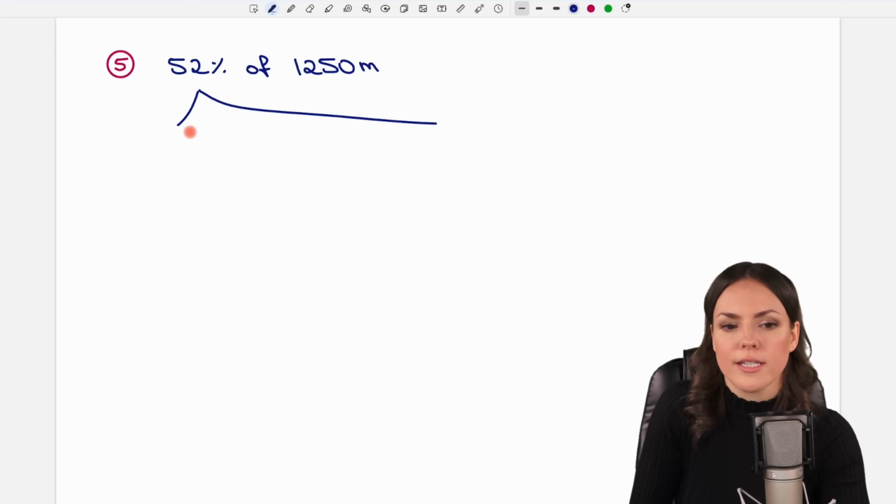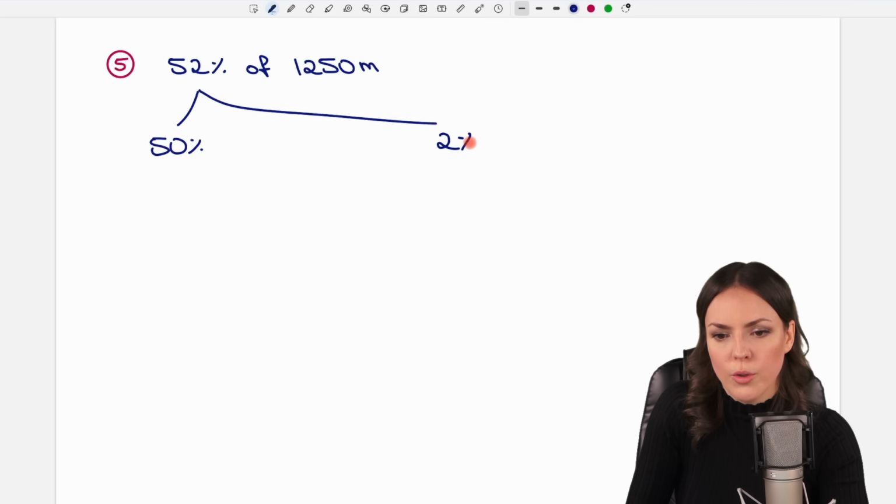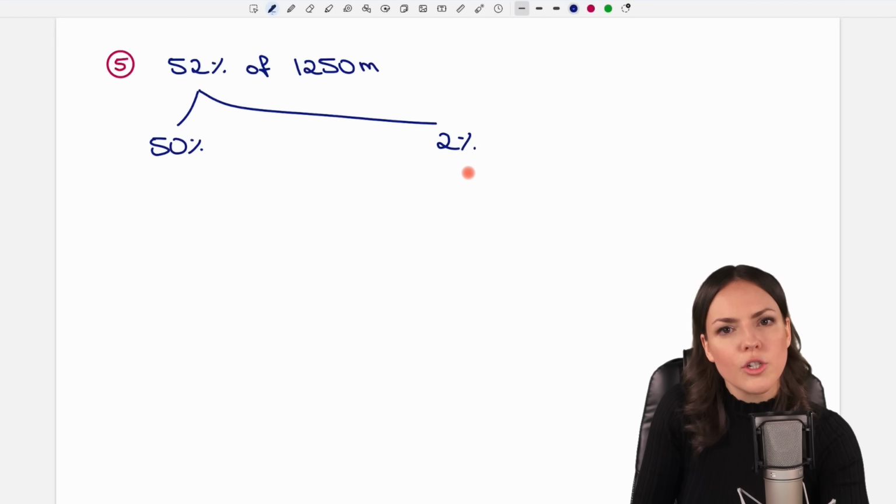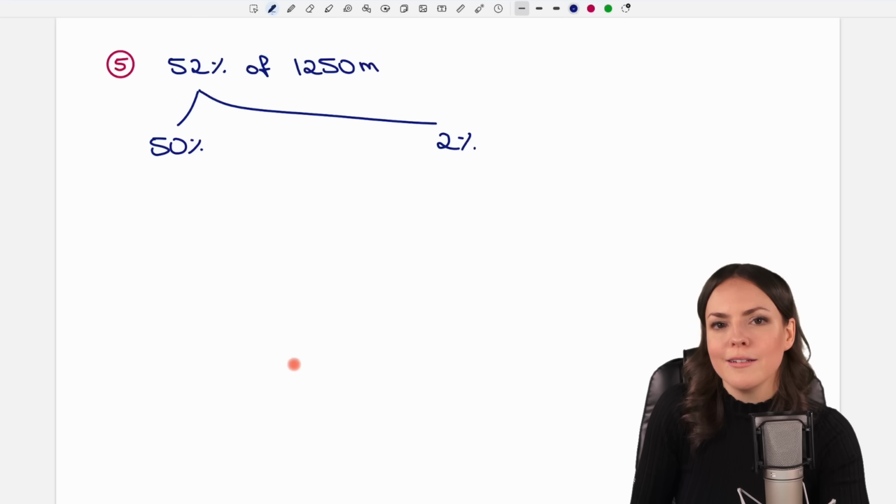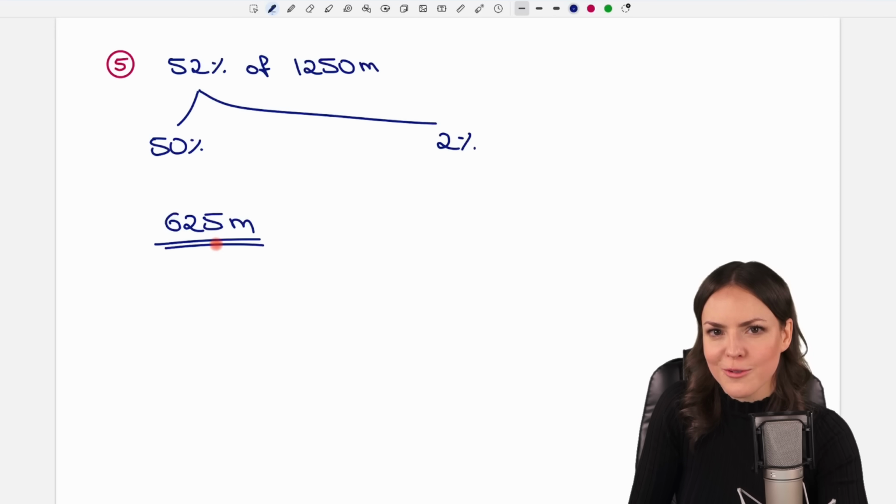So you can say, I first calculate 50% of this, and then the rest, so the 2%. You do your calculations, and at the end, you add the results. So 50% of this number just means take half of it. So take this number and divide it by 2, which equals 625 meters.